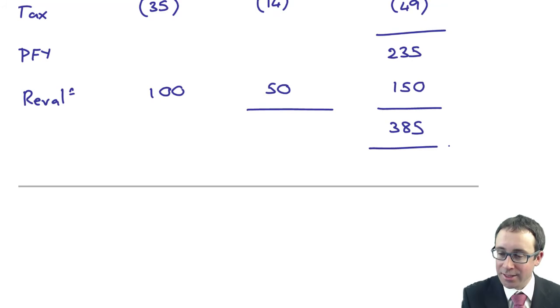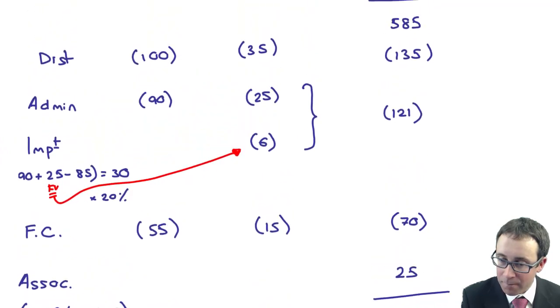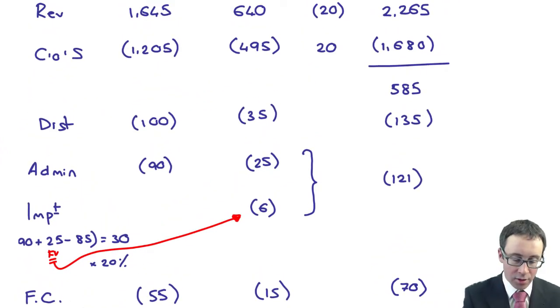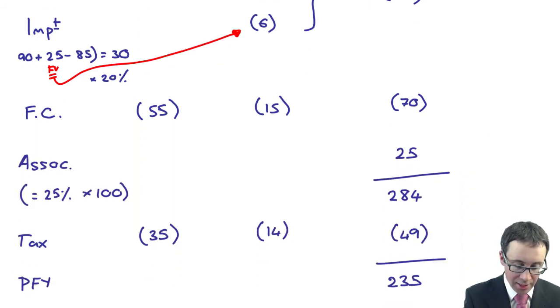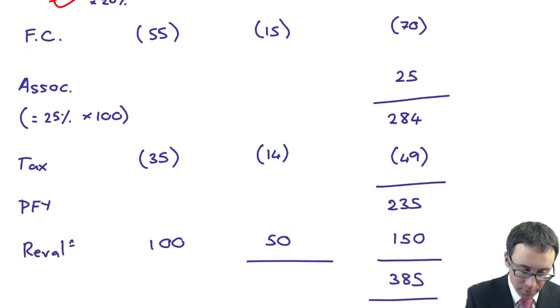I then need to total up S's column, don't I? That's going to be a bit of a challenge. I need to go right the way back up to the top. So we've got 640 less 495 less 35 less 25 less 6 less 15. Okay. Less 14. So S's profits for the year are equal to 50.